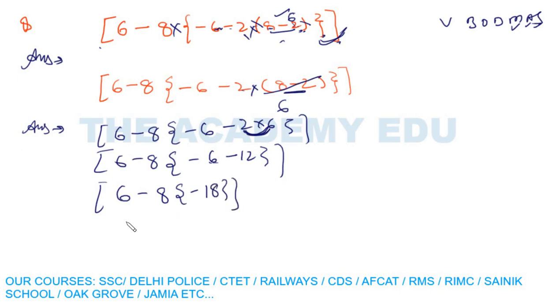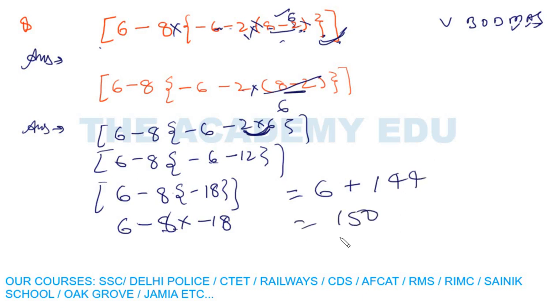Now open the bracket, 6 minus 8, and here there is multiply minus 18. So 18 eights are 144, and there is a positive sign because minus minus is plus, right? So 144 is here. So 150 is the answer. Okay, 150 is your answer.